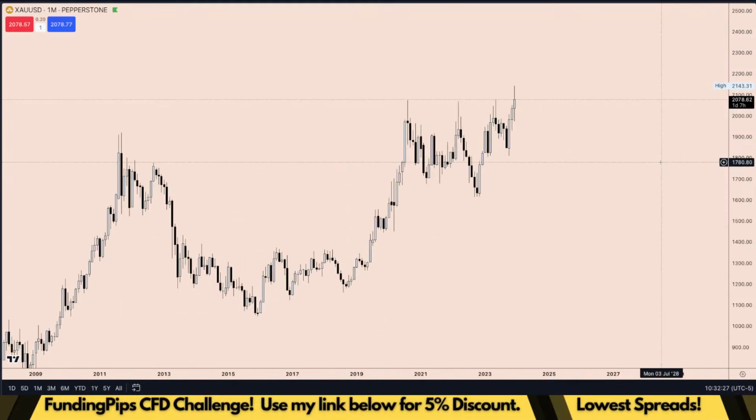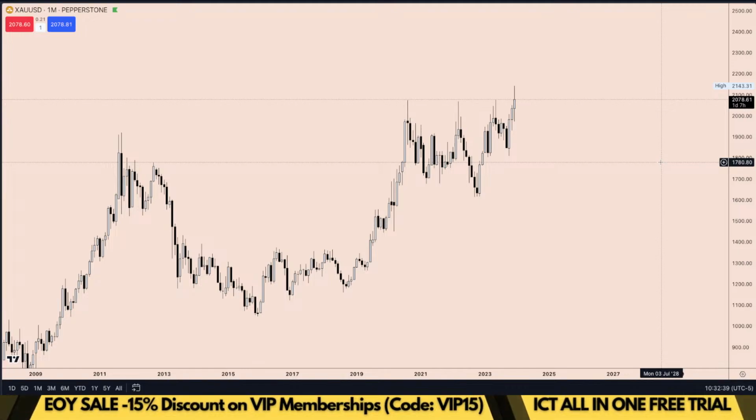Well, same thing for me. Gold is something that I prefer to hold as a store of value in my portfolio instead of day trading it. It's just a little bit too volatile for my style and for my liking. Well, that's where opinions separate.